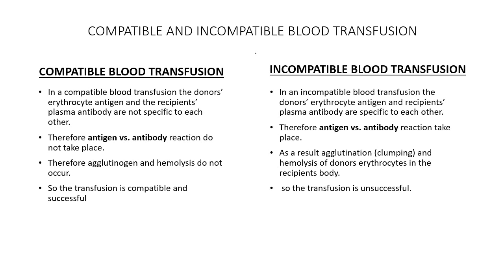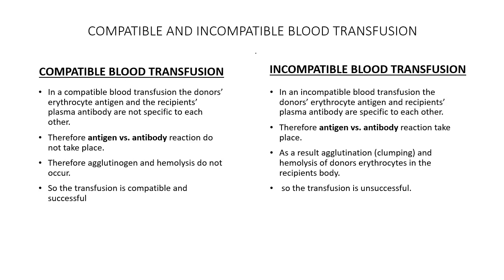Therefore, antigen versus antibody reaction do not take place. Therefore, agglutination and hemolysis do not occur. Hemolysis meaning breakdown or destruction of the RBC in the recipient's body. So, the transfusion is compatible and successful.